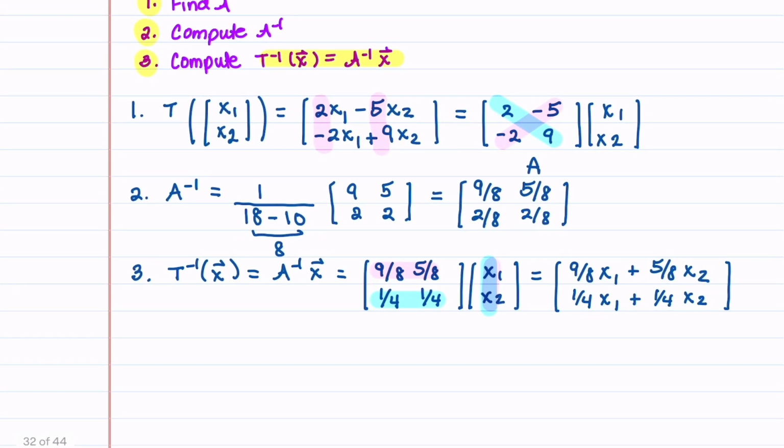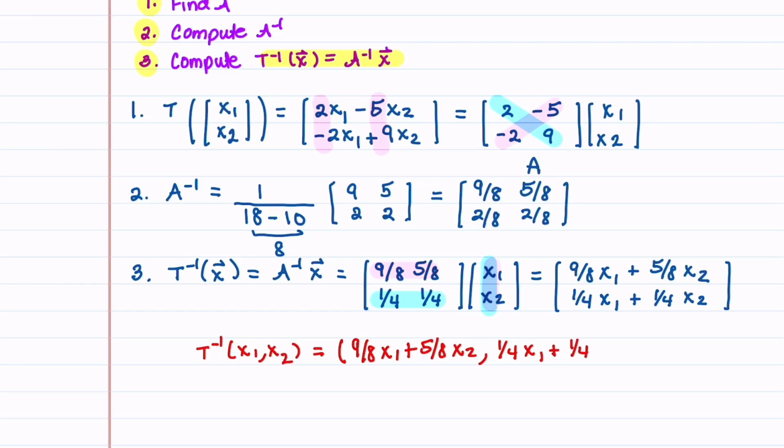So we're going to say that T inverse of x1, x2, our first row, which is 9 over 8 x1 plus 5 over 8 x2, and then each row gets separated by a comma, so I put a comma there, and then our second row we can write down as 1/4 x1 plus 1/4 x2. And that's our final answer.